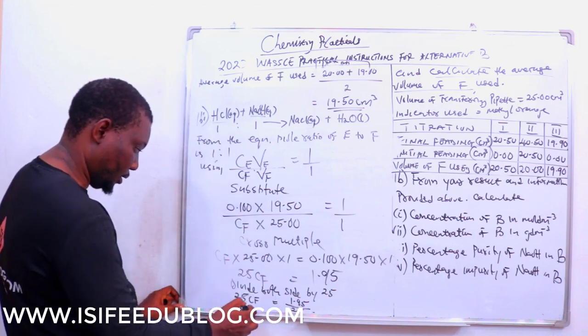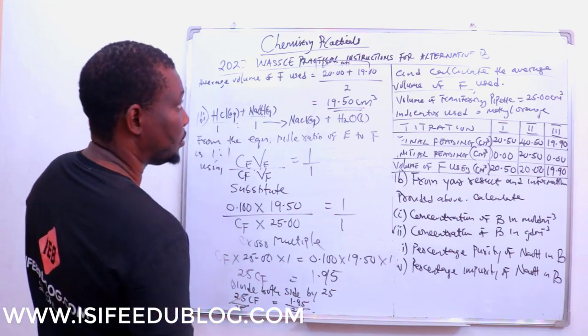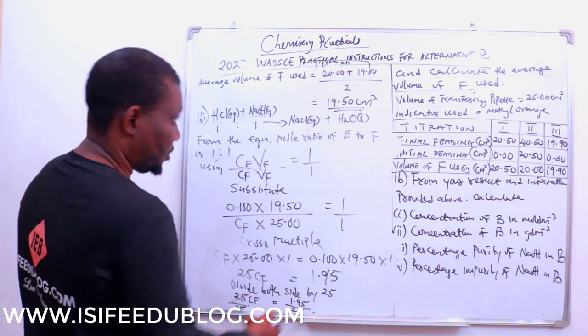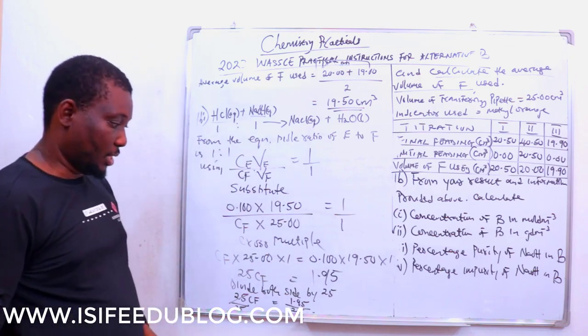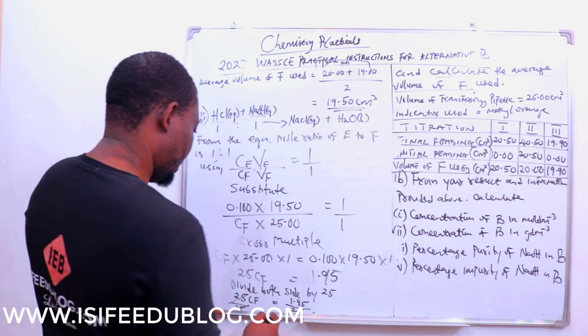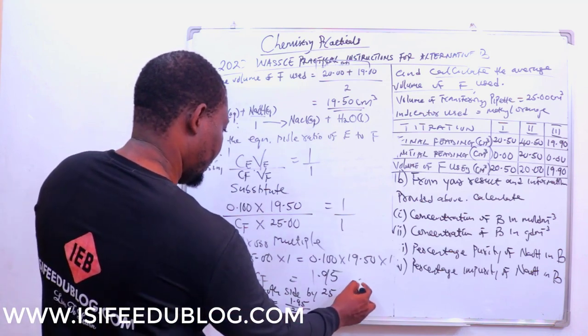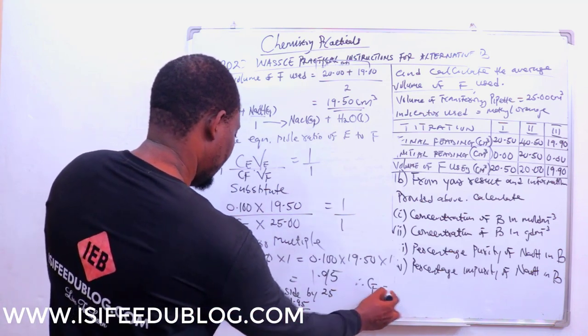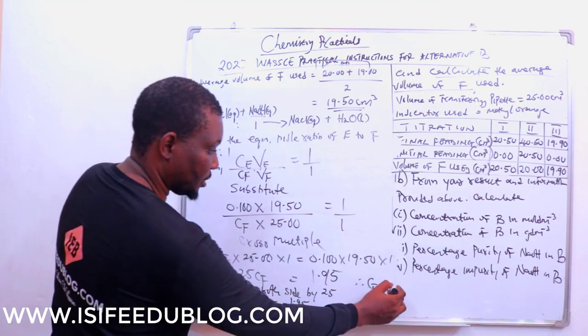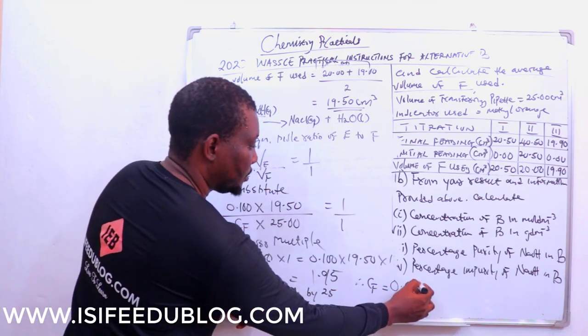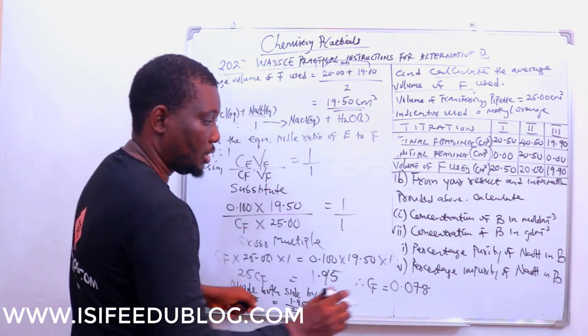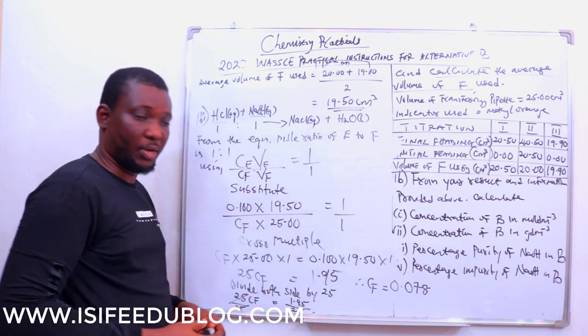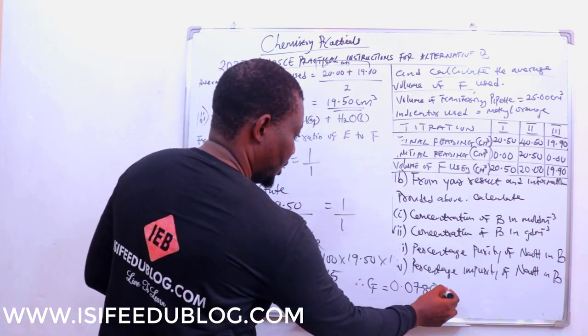You can punch your calculator and see what your final answer looks like. Therefore, CF is 0.078, and make sure your answer is in 3 significant figures, so you can just add 0 here.